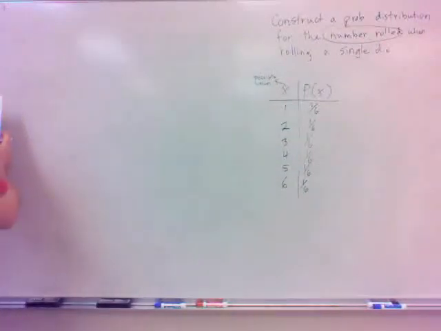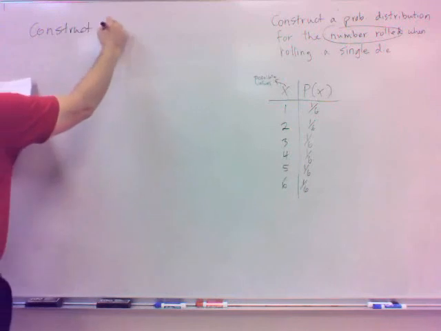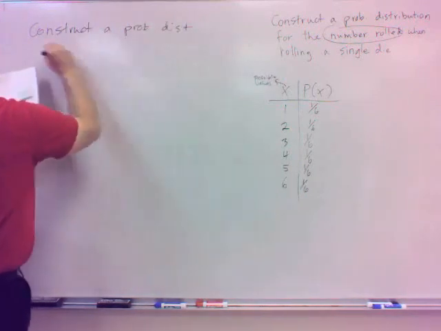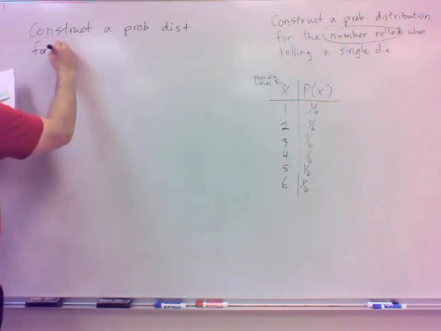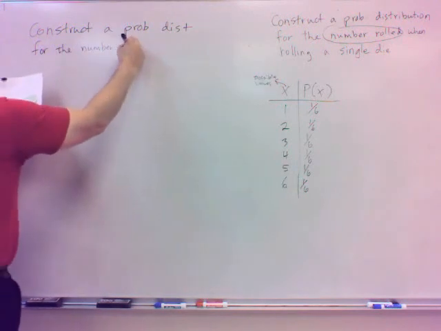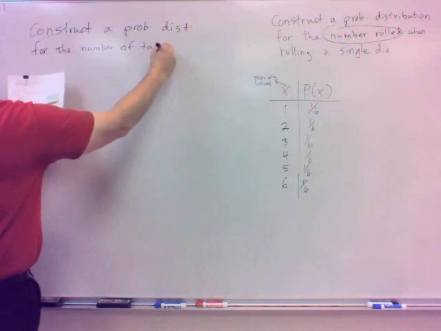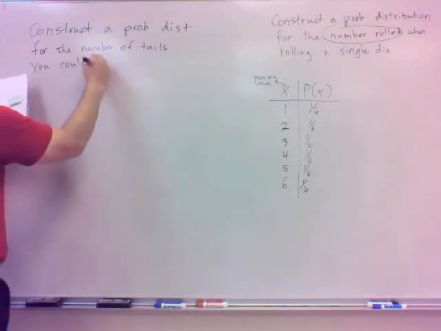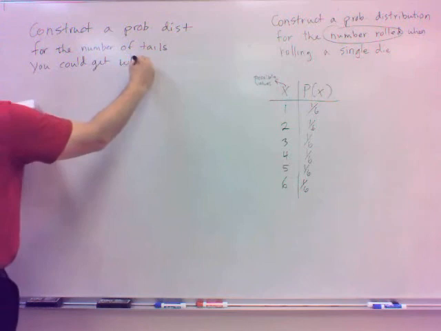All right, construct a probability distribution for the number of tails you could get when 2 coins are flipped.